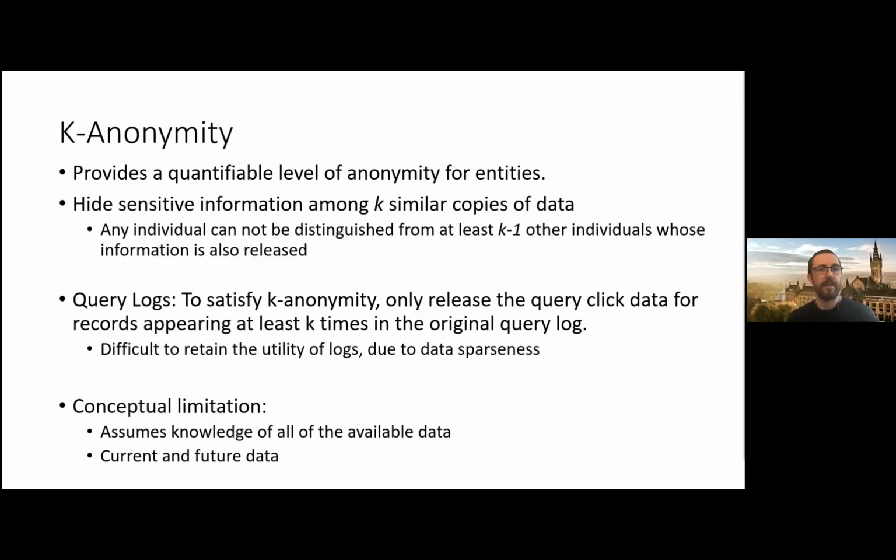So as I was saying, we were going to look at this in the query logs. To satisfy K-anonymity, what we want to do is just release the query click data for records appearing at least K times in the original query log.